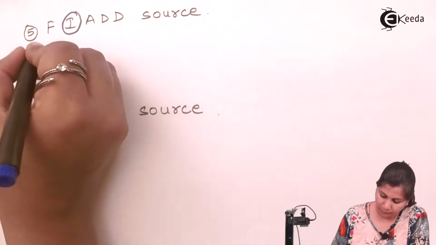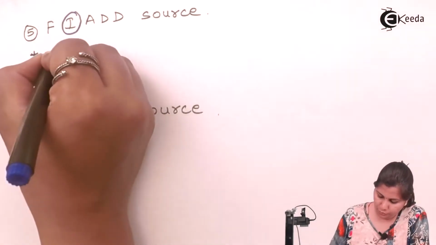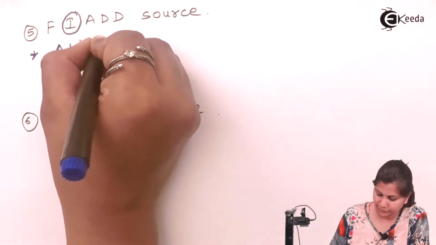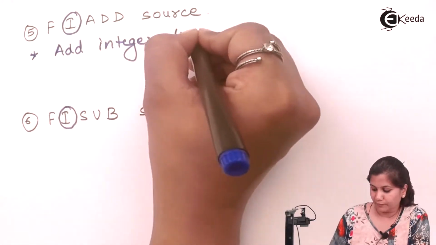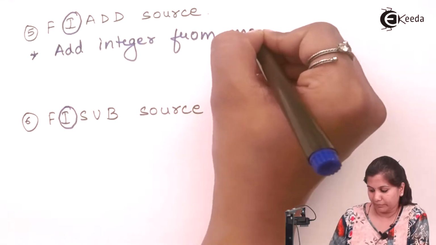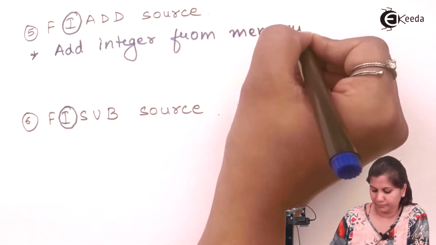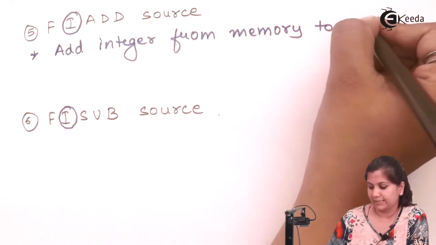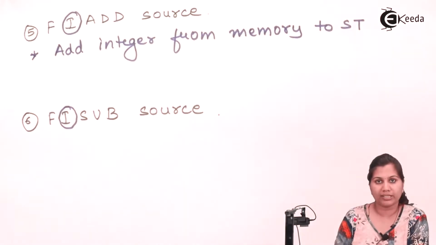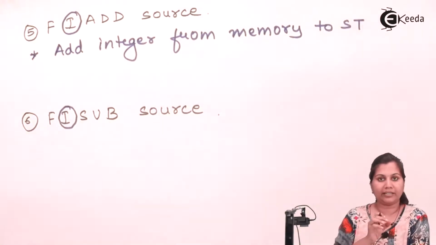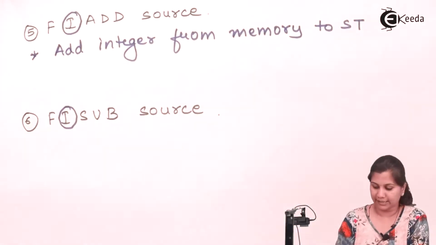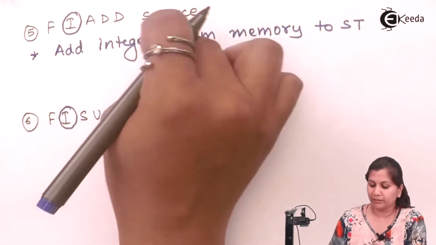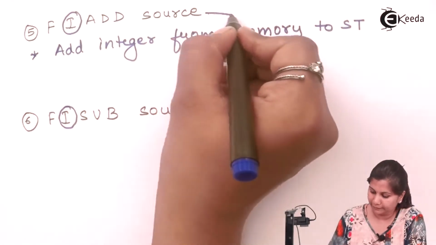Okay, so this instruction is going to add the integer which is stored at some memory location to the ST, that is to the top of the stack. So the integer will be taken from the memory location and it will be added to the ST. So the source will be the memory location. Okay.